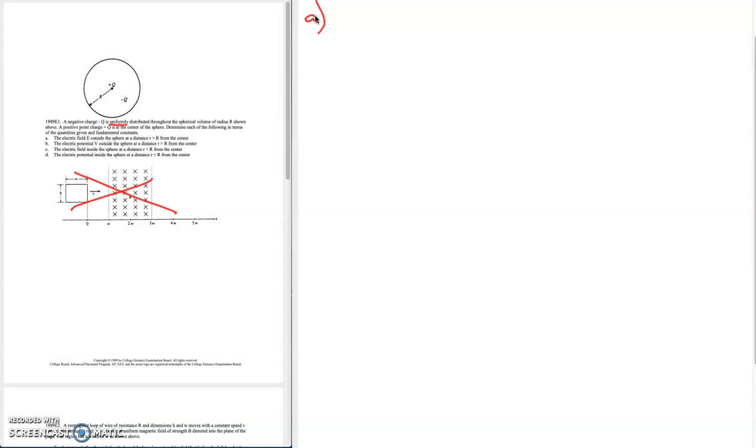All right, part A, the electric field outside the sphere at a distance r greater than R. Okay, so outside the sphere, so out here at a distance r. So let's start with Gauss's law because we have nice spherical symmetry here. So let's use that spherical symmetry to our advantage.